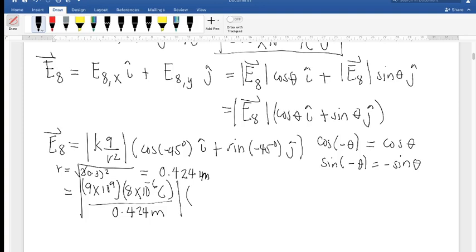So how much is that? That is equal to 0.707 i hat. And the sine of negative 45 becomes negative sine of theta, so that is negative 0.707, again that is j hat.